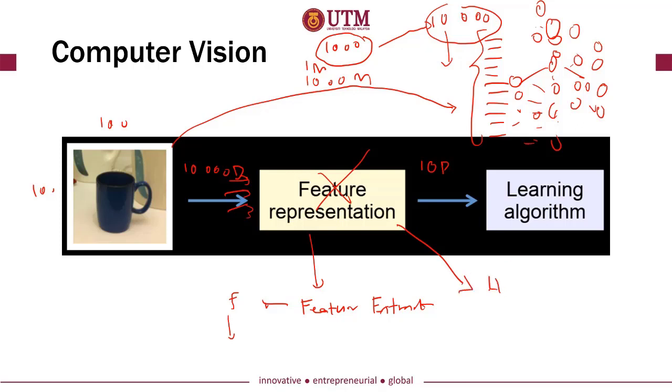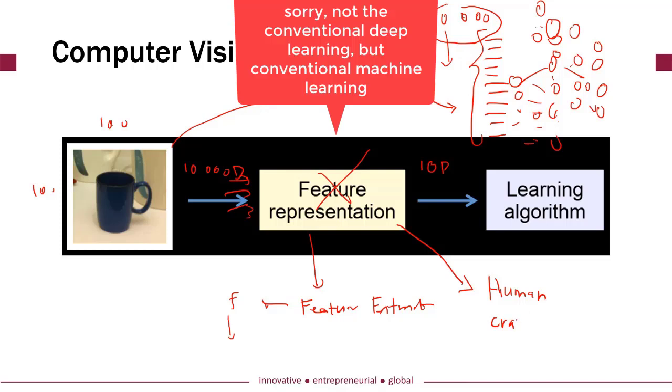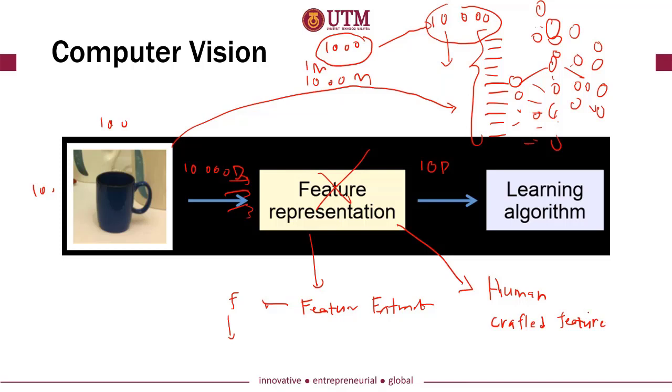They call it human crafted features. Okay, if you go to any textbook related to deep learning, they say that before deep learning, conventional machine learning always used human crafted features, meaning the features which have been designed or crafted by humans. Of course that is true.